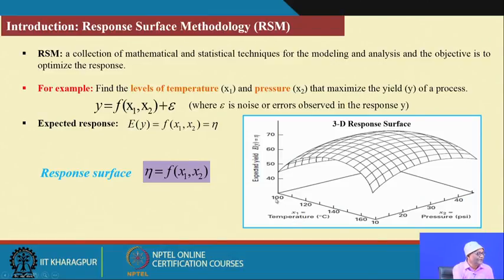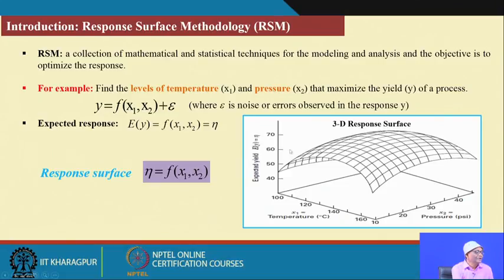For example, in this graph temperature is 100 to 160, maybe 80 to 180, and pressure 10 to 50. If temperature and pressure are related to the yield, then you get this curved surface, which is known as the response surface.